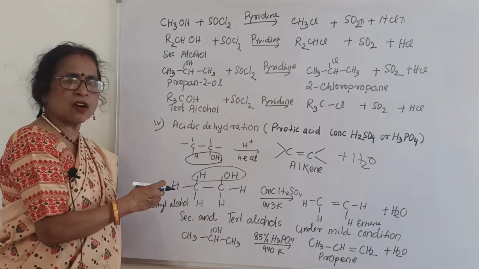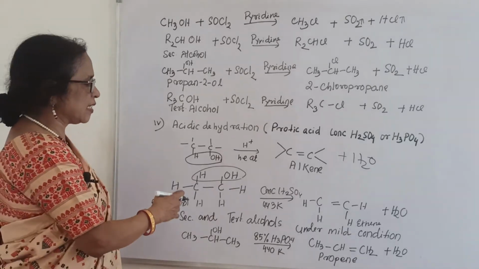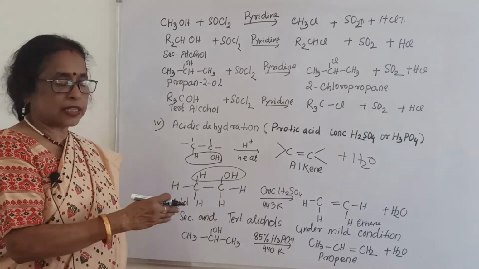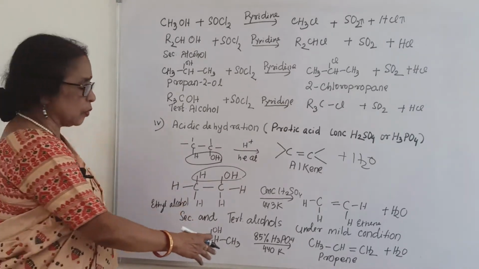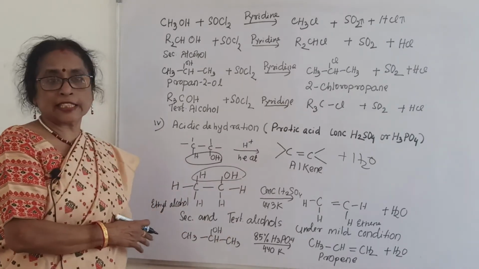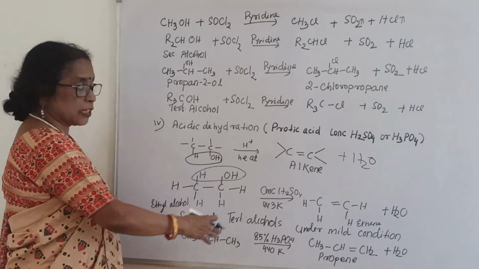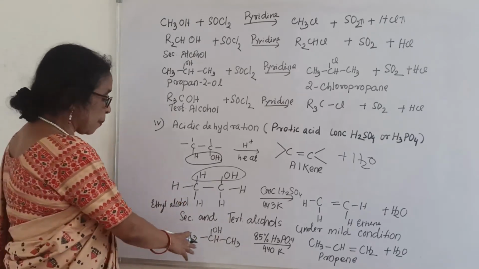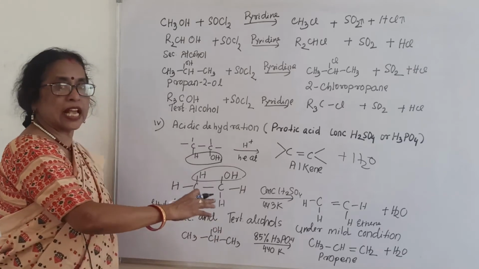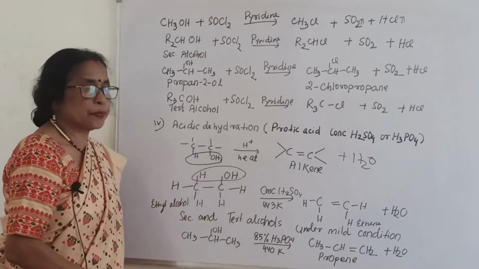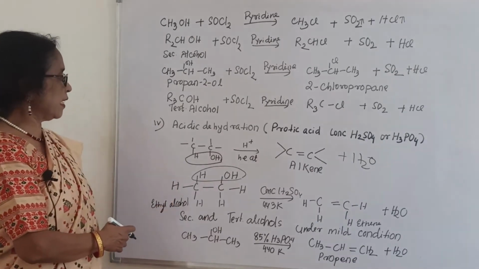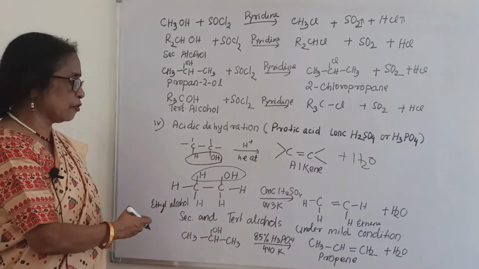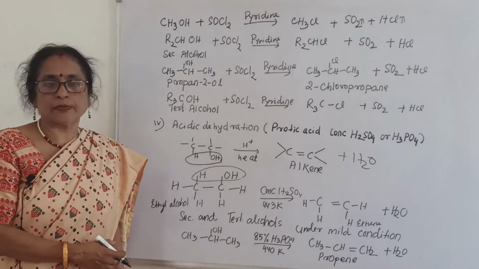Generally ethyl alcohol reacts with concentrated sulfuric acid and gives ethene and water, whereas secondary and tertiary alcohols react with phosphoric acid and heat to give the corresponding alkene. Propan-2-ol on heating with H3PO4 gives propene and water. Next we will see how you can get different types of alkenes from different types of alcohols.